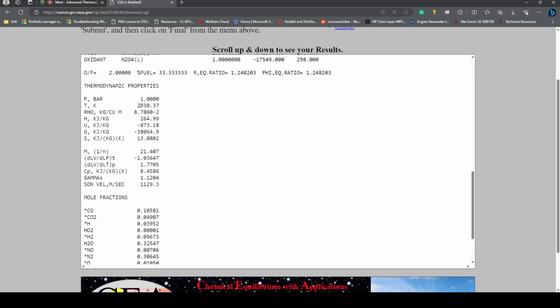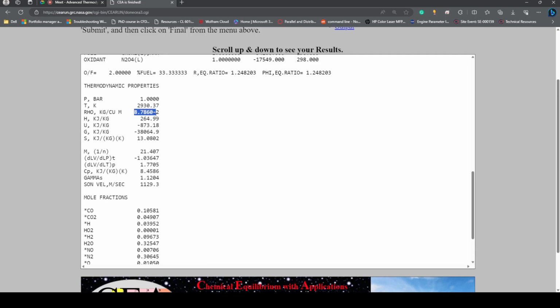So what we got is 3400 Kelvin, right? But the more realistic value, considering the temperature dependence of CP and a lot of species, is 2930 Kelvin as your adiabatic flame temperature.